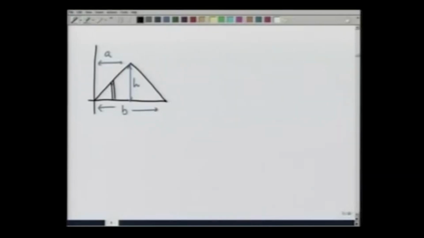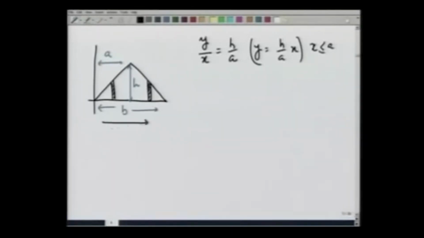One strip I took here, other strip I am taking here. For the first strip, I know that y divided by x was equal to h over a, or y equals h over a x, x less than or equal to a. For the second strip, I am going to have this distance is x.